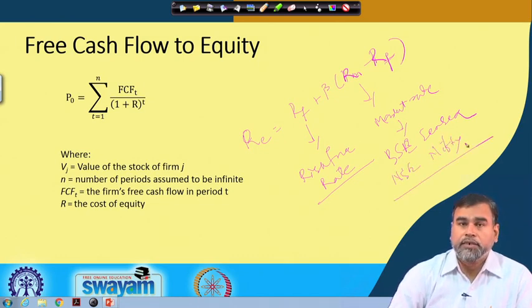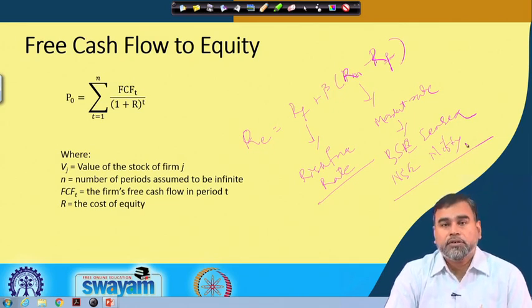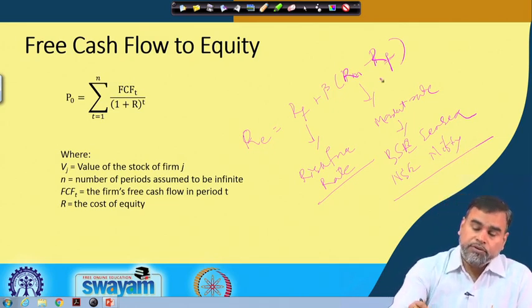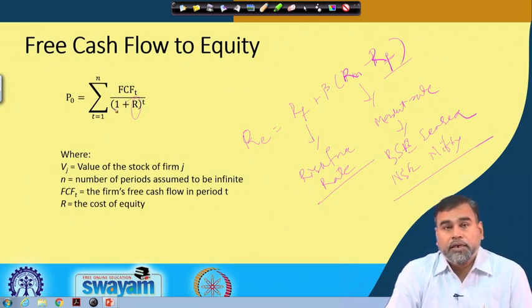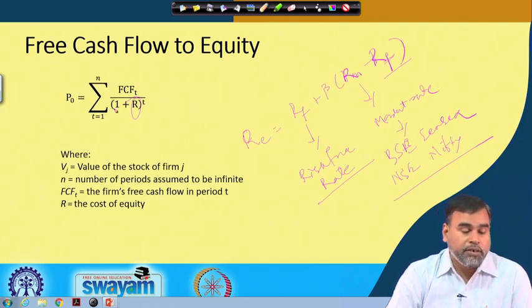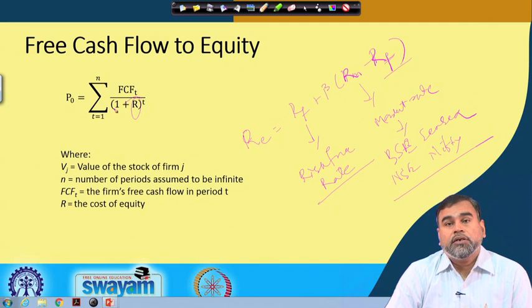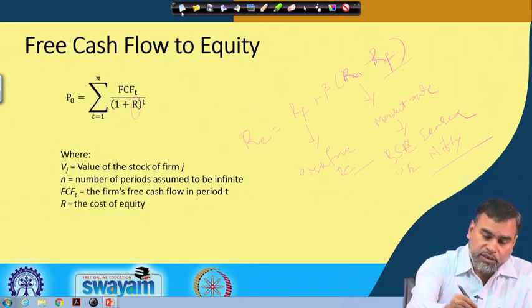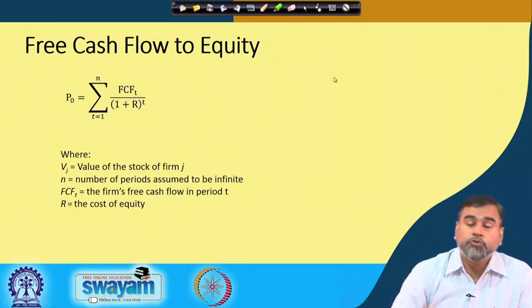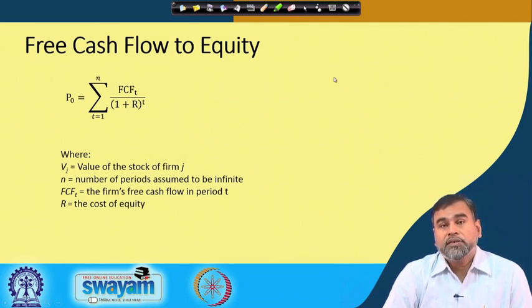Any kind of market index return can be considered as RM, and RF is the risk free rate, and you can find out your R. Once the R is calculated, you can calculate the free cash flow, then you discount with respect to that to find out the value of the particular stock. So, this is another way of calculating the value of the stock. These are the formulas which are used to calculate the intrinsic value of the stock.